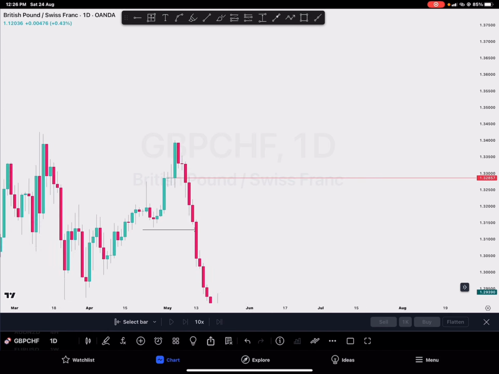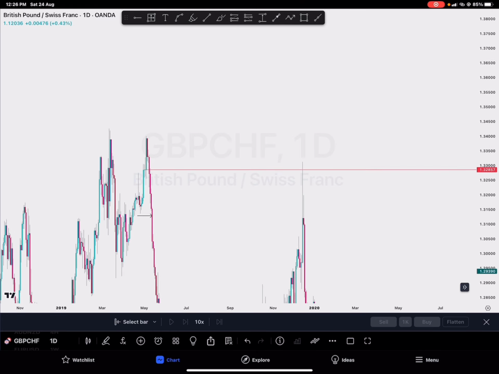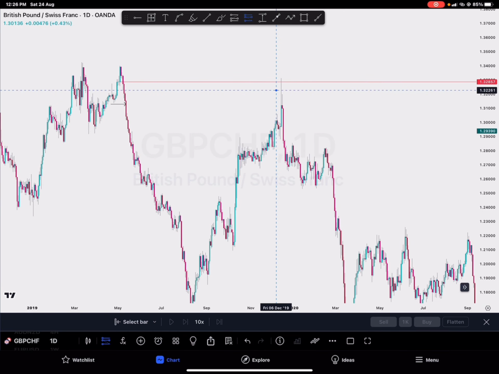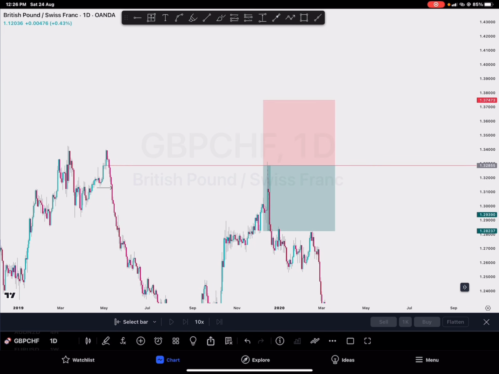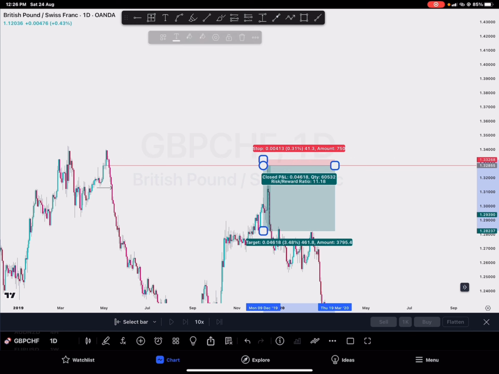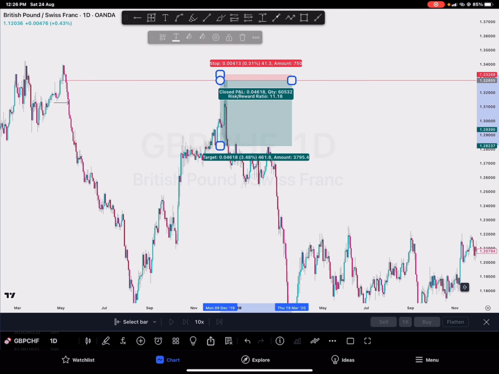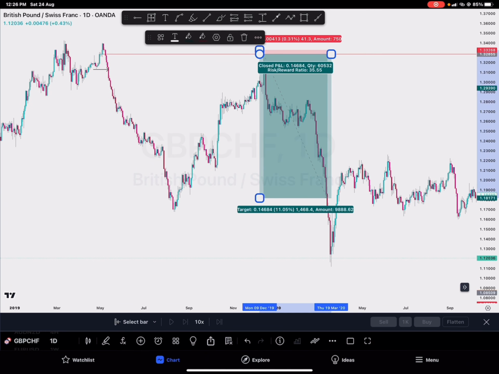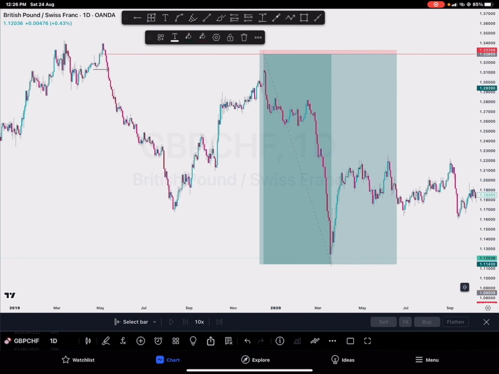The best area was supposed to come from that level, and price performs the higher time frame normal liquidity engineering. Now this is always an aggressive entry, and whenever it's a daily time frame, you can actually risk small, but the target is always big for the higher time frame normal liquidity engineering.